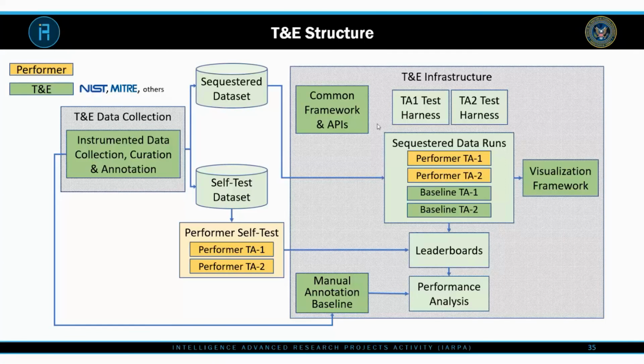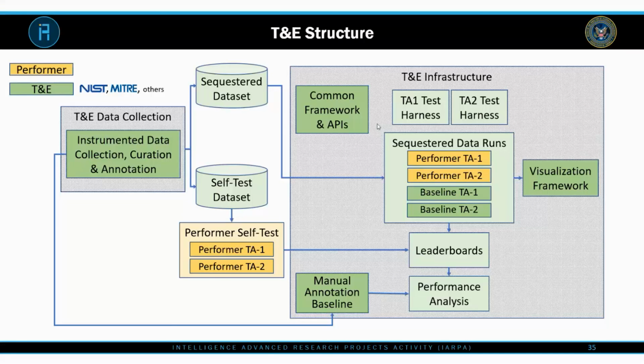This shows an overview of the planned T&E structure. There will be T&E data collections where T&E will have absolute truth for which identity is the same throughout the collection, and the locations for each of those objects, whether they are people, vehicles, or generic objects.